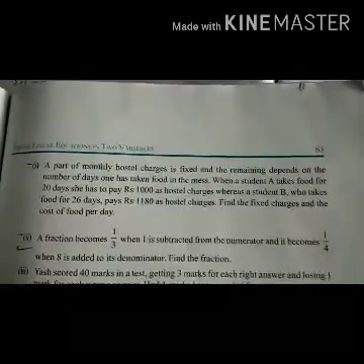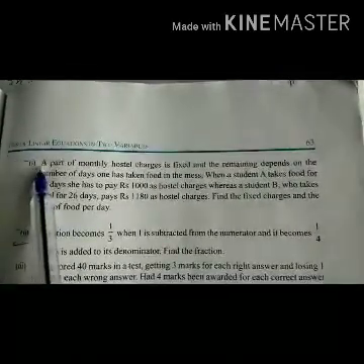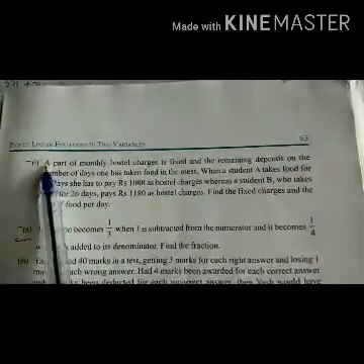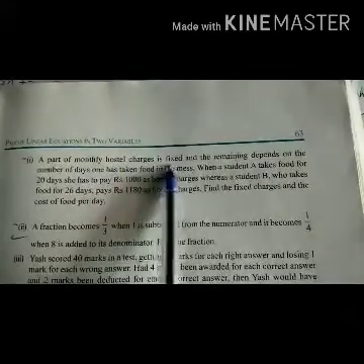Now question number 3, do it by yourself, and we have question number 4, the first part, that is monthly hostel charges fixed.